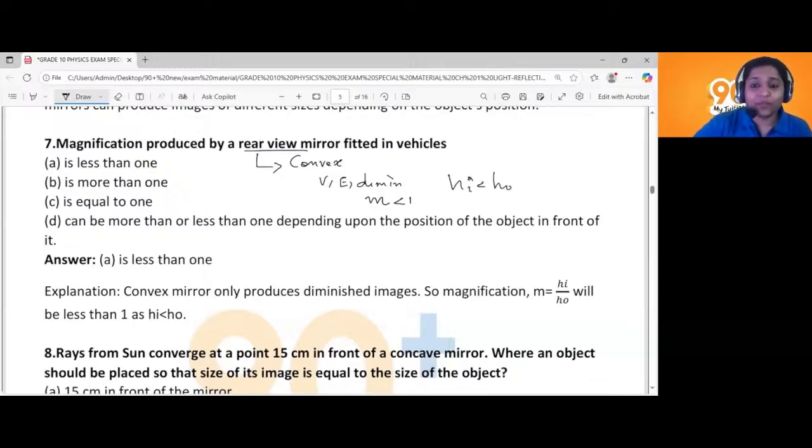Okay. And magnification is given by the relation: magnification is equal to height of image over height of object. Okay. So if magnification is less than 1, the height of image will be less than the height of object. We know that rear view mirrors produce only diminished images. So in that case, magnification will be less than 1.